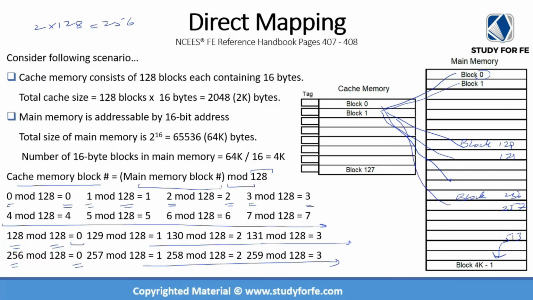Everything that is resulting in a remainder of 2 will end up in block 2. Everything that is resulting in remainder of 3 will end up in block 3. And this pattern will repeat until 127, after which it resets. Okay, so there are a bunch of blocks which will end up in the same location, but one very specific location. Okay, and this is how we basically calculate which main memory block will end up in which location in the cache memory.